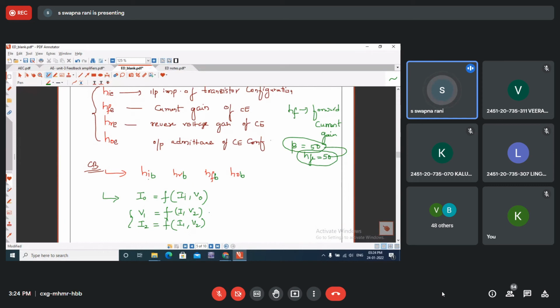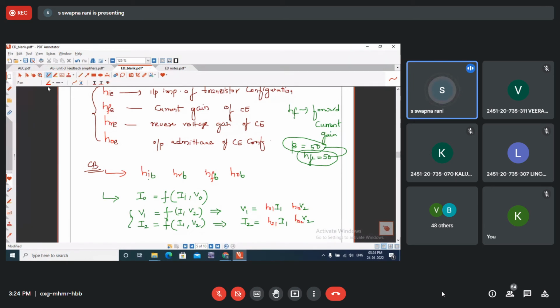The exact mathematical equations which relate these terminal currents and terminal voltages are the H parameter equations. Why have we taken H parameters? Using H parameters, we can get the information about the input impedance of the device, the voltage gain of the device, current gain of the device, and output admittance of the device.